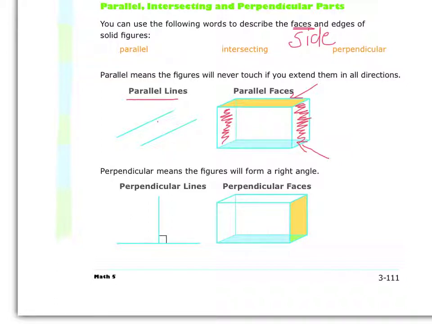Some parts can also be described as being perpendicular. So just like perpendicular lines meet to make a 90-degree angle, faces, the entire sides, can also meet to make a 90-degree angle. In this case, you can see the side face and the bottom face will make a 90-degree angle. Therefore, we could say the side face and the bottom face are in fact perpendicular.